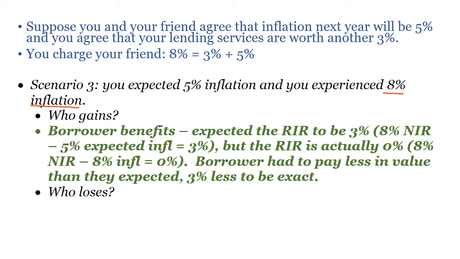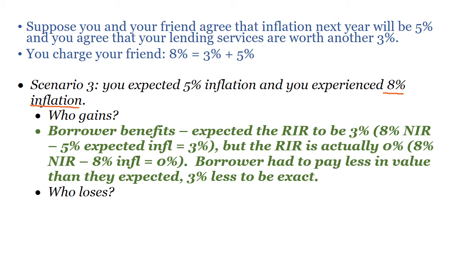But the real interest rate is actually 0% after we know what inflation is, because 8% nominal minus 8% inflation equals 0%. So the borrower had to pay back a smaller value of money than they expected to pay. 3% less, because they thought they'd pay back 3% in profit, and they ended up paying back 0% because the value of the money had gone down when inflation went up.